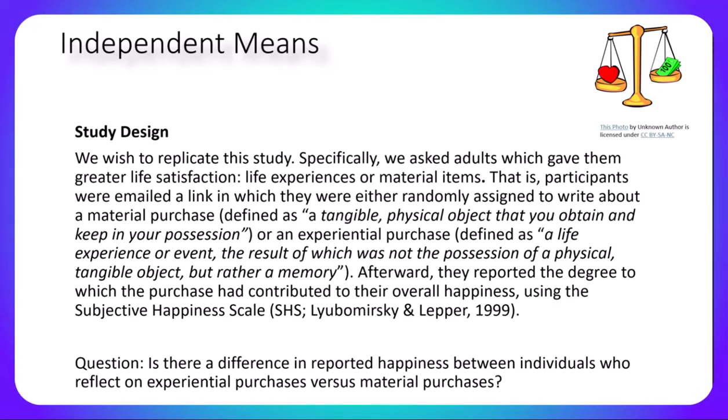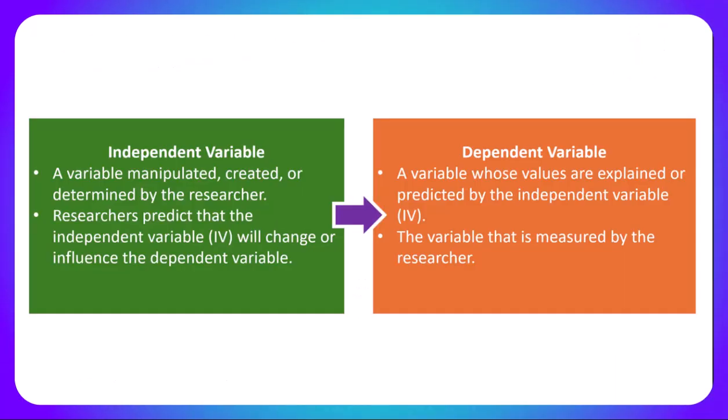Now let's talk about the independent variable and the dependent variable. So you may already be familiar with these variables. It's worth reviewing because they play an important role for us to determine whether or not the independent samples t-test is appropriate. So when we're talking about the independent variable, just in general, the independent variable is part of the research design.